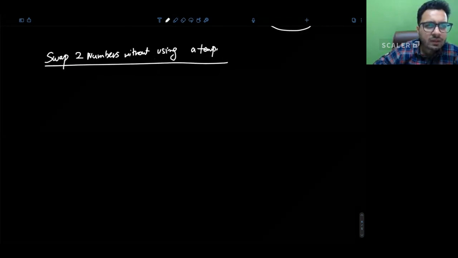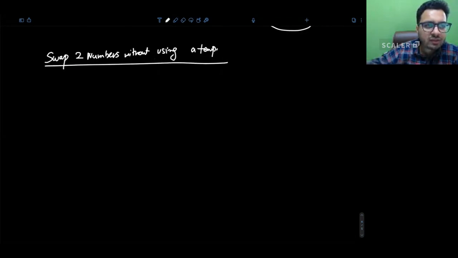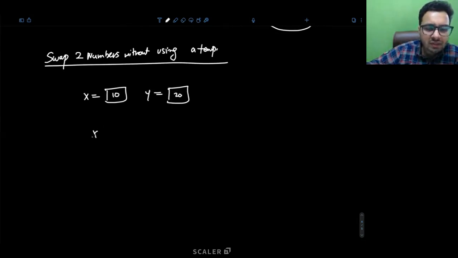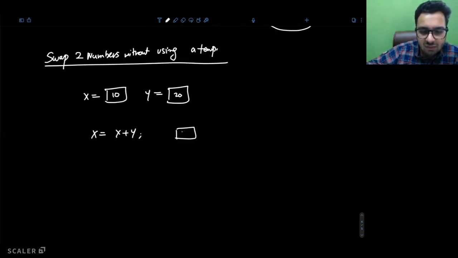Chirag says, if I have a number x which is 10 and a number y which is 20, in the first step I will do x equal to x plus y. Then he says I will subtract from x the value of y.